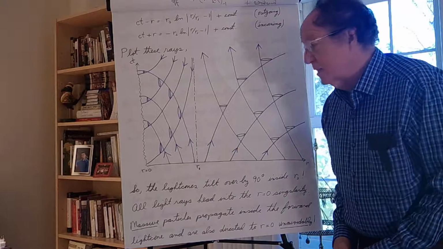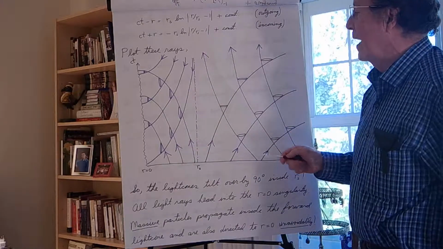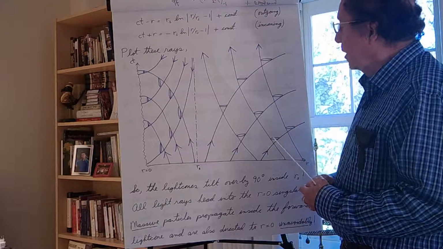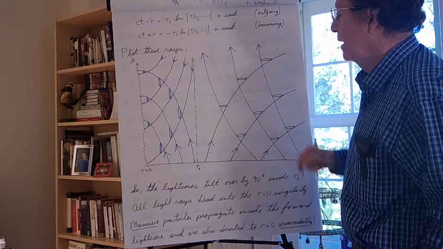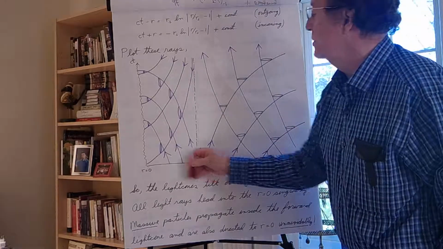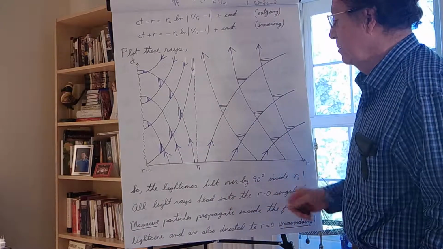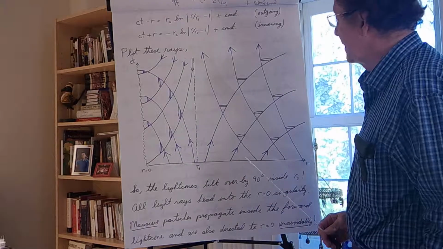So let's continue our discussion of the Schwarzschild metric. We found last time that in terms of the Schwarzschild coordinates, the space around a black hole was divided into two sectors: the region below the Schwarzschild radius and the region above the Schwarzschild radius.